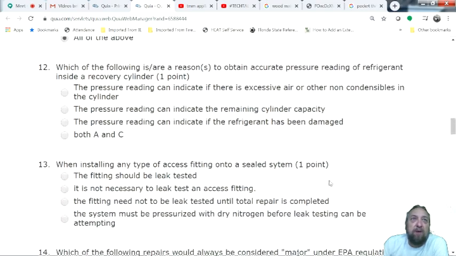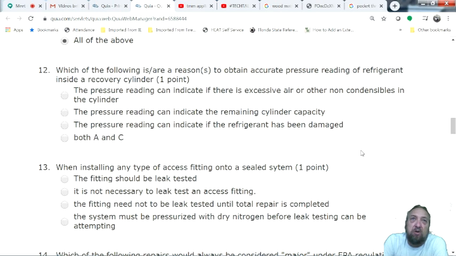Which of the following is or are the reasons to obtain accurate pressure reading of refrigerant inside a cylinder? Remember I said you want to reclaim it, and before you could test it, you have to wait a few minutes for what? A and C. Well, the pressure reading can indicate if there's excessive air or non-condensables in the cylinder. That's true.